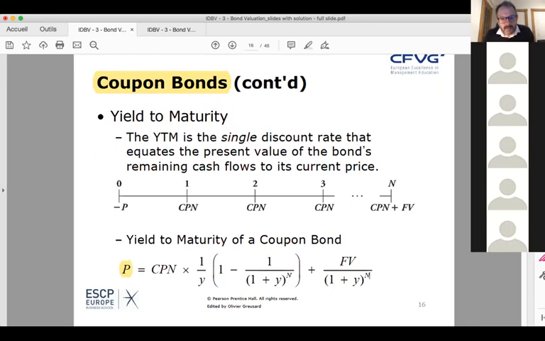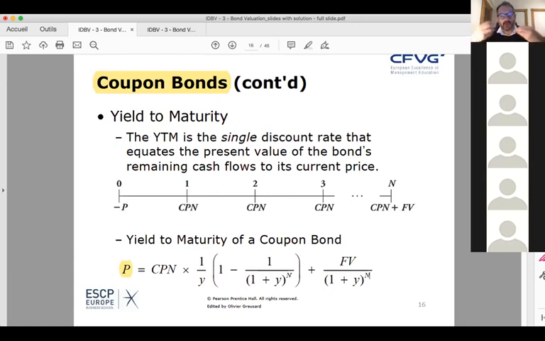And this is only possible because we accept that there is only one price for things, the law of one price, and that the price on the market today for the bond will be exactly the present value of the cash flows we will receive from that bond. So that also means that the internal rate of return is equal to the yield to maturity.